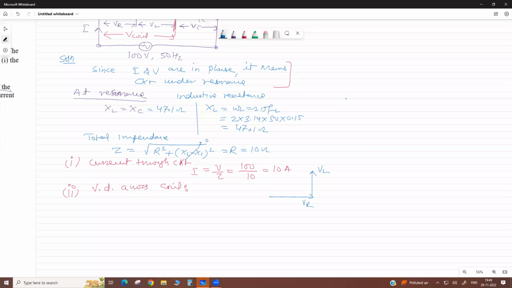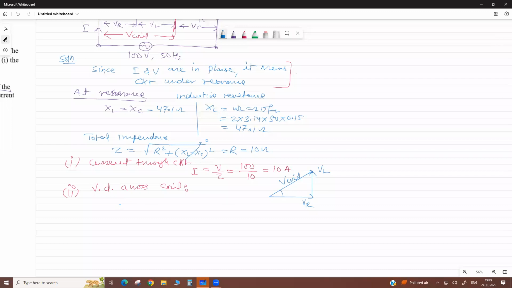Actually, please do not do it like this, VL plus VR. It is not an algebraic sum here. An algebraic sum applies when both are in the same phase. But these are vectors because they are not in phase. They are perpendicular to each other. Then we calculate the total of this, which will give you the voltage across the coil.